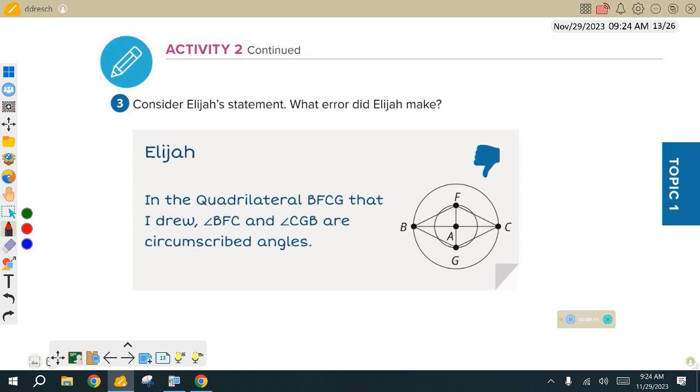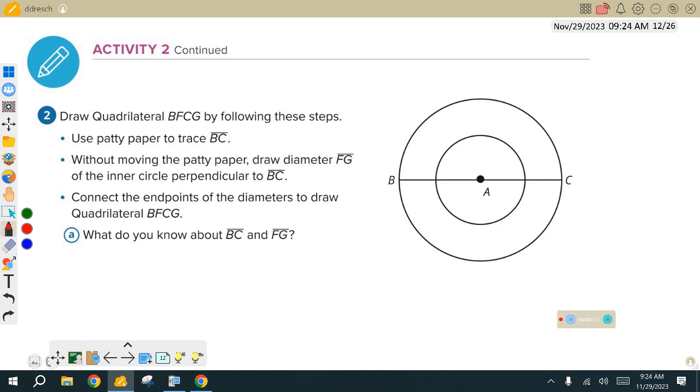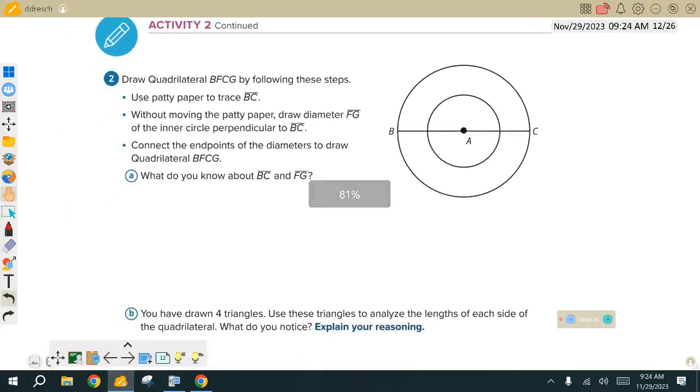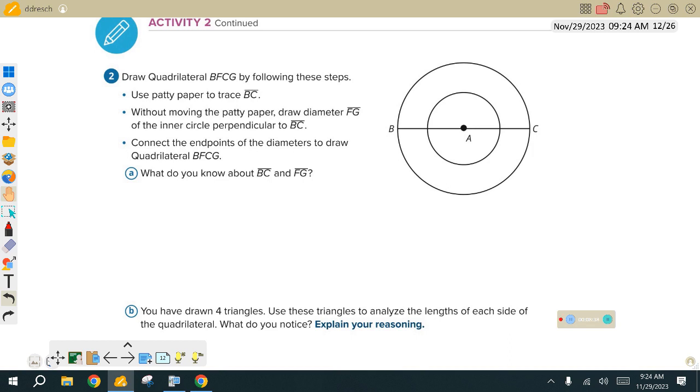As we've been doing, we're going to do it one more time. Use that patty paper and make that perpendicular bisector. Page 220. Make that perpendicular bisector on that patty paper one more time.